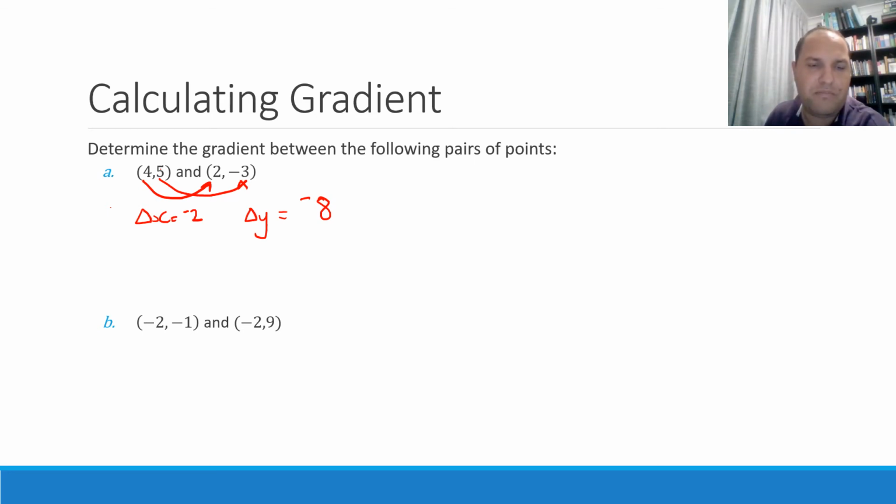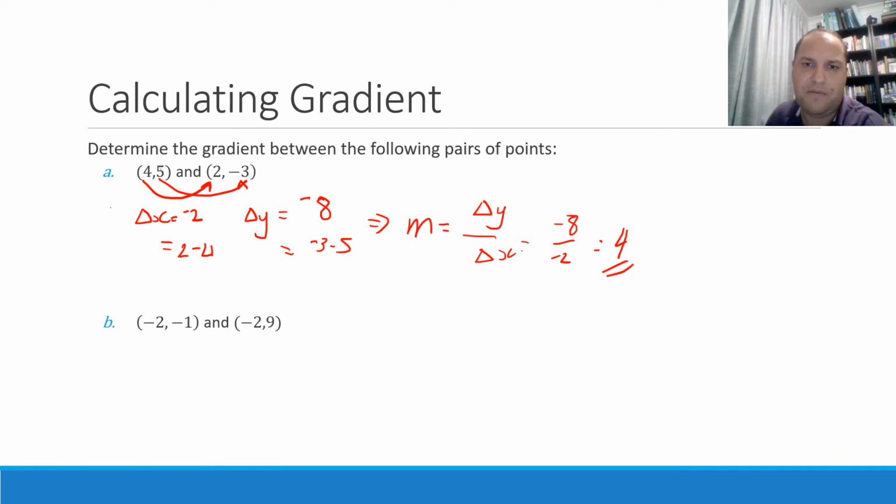Some other ways of thinking about that, that's also 2 take 4, or that's also -3 take 5, however you want to think about it. And so therefore, our gradient is going to be change in y over change in x, -8 over -2, which is +4.